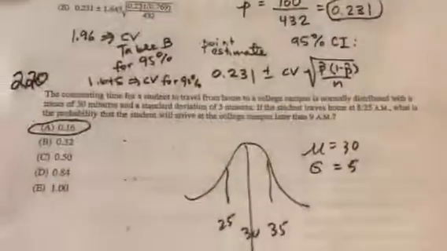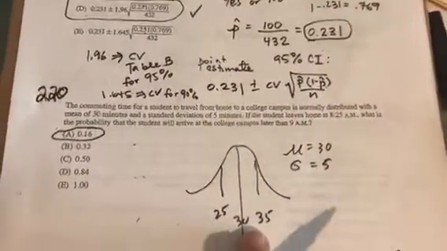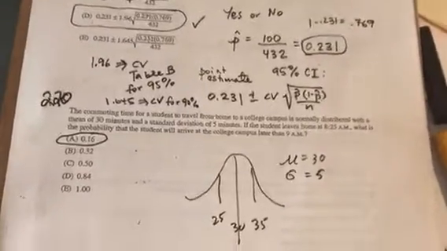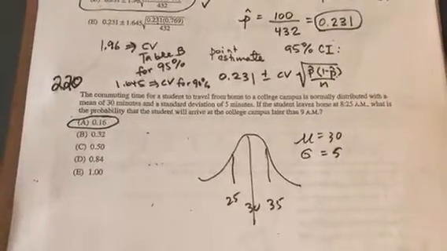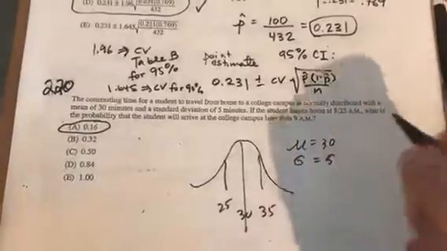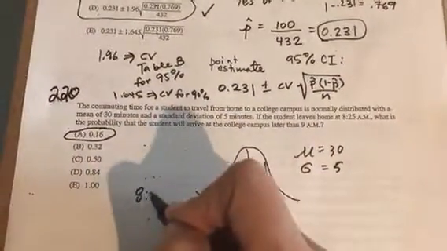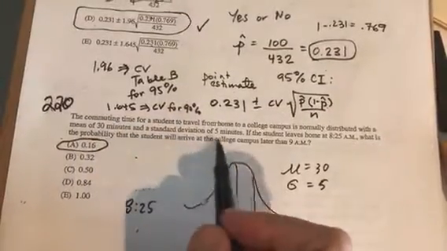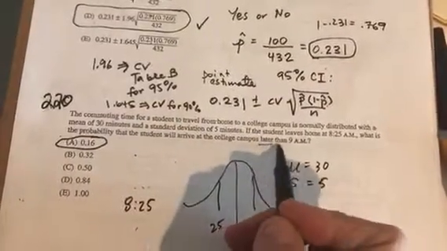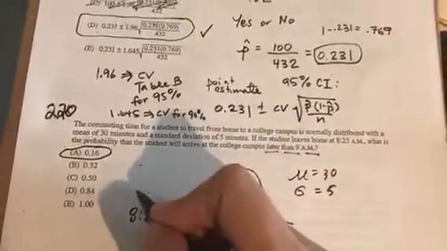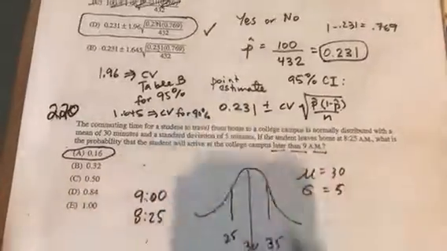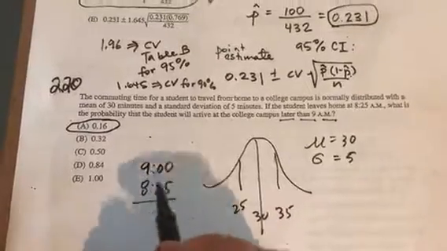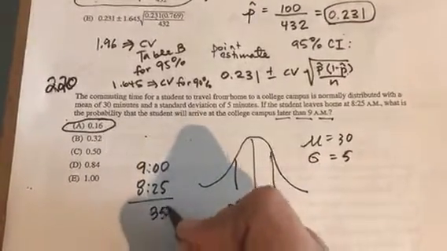A student on average takes about half an hour to get to campus, plus or minus, for a typical student, 5 minutes. Now it states if the student leaves home at 8:25, so let's write 8:25 here, what is the probability that the student will arrive on campus later than 9? Let's calculate what that travel time would be. To subtract time, this ends up being 35 minutes.